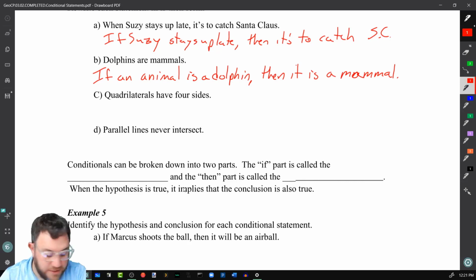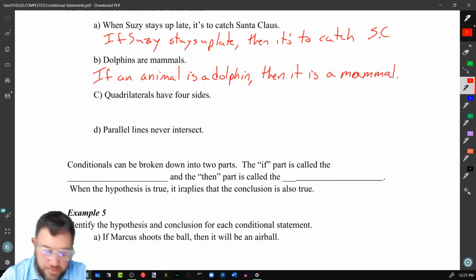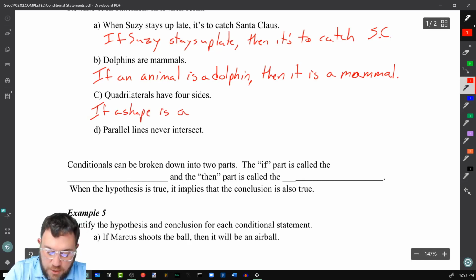For C, very similar. Quadrilaterals have four sides. When you're talking about a quadrilateral, what is the broadest thing you can describe a quadrilateral as? It is a shape. So if a shape is a quadrilateral, then it has four sides.